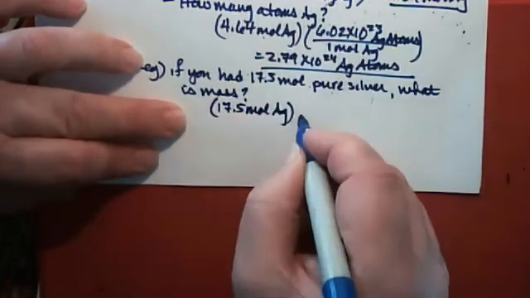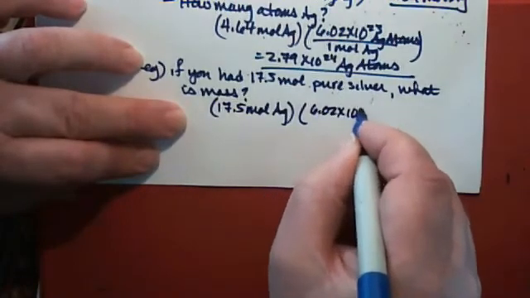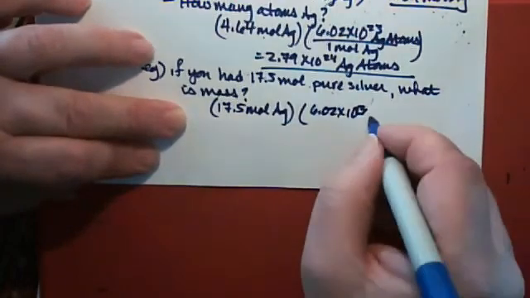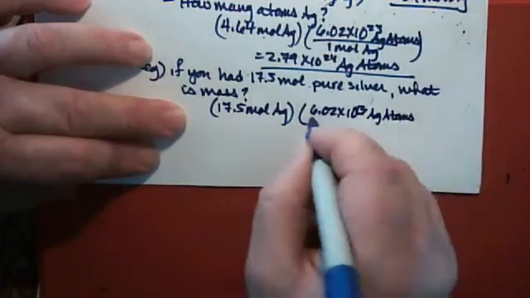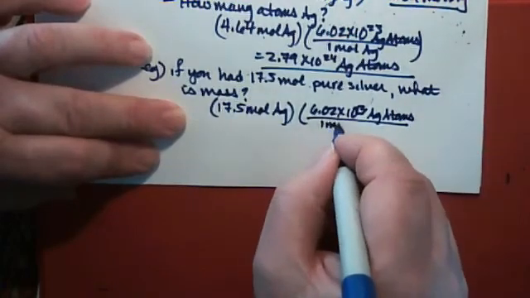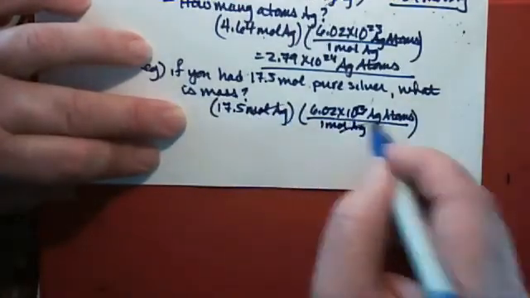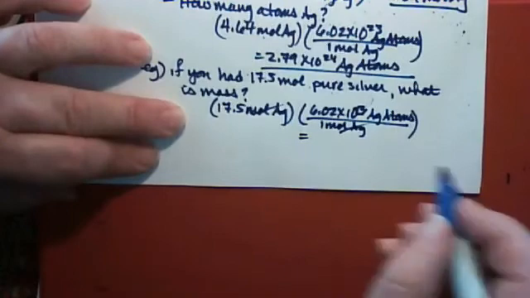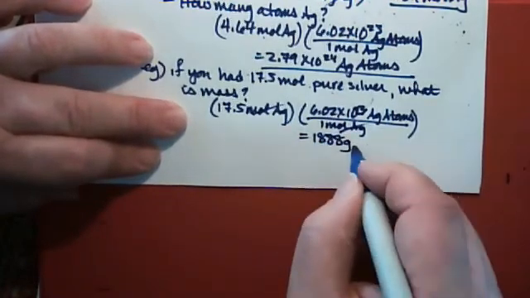So 17.5 moles of silver, and we know there's 6.02 times 10 to the 23rd atoms in each mole. Moles of silver cancel, and when you multiply that out, you get 1,888 grams of silver.